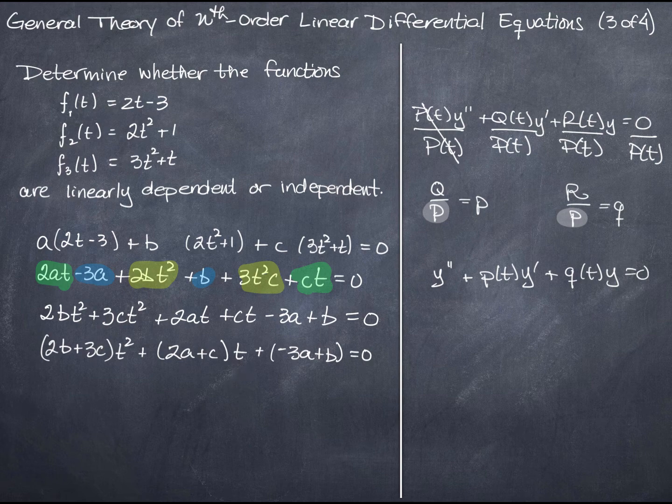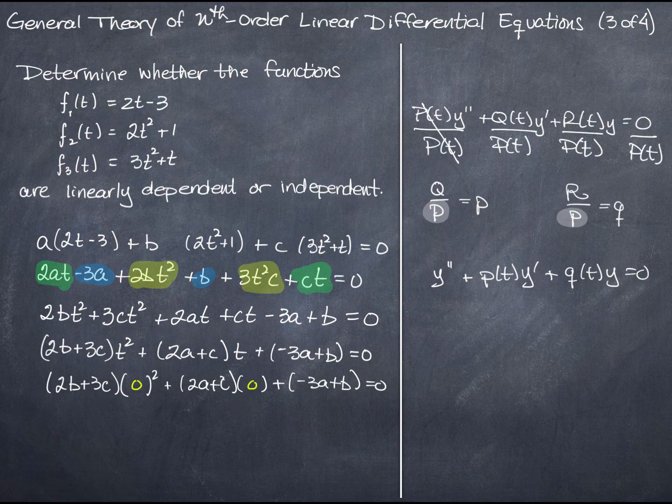Let me rewrite this as 2B plus 3C times, oops, I forgot my C there, times something squared plus 2A plus C times something plus negative 3A plus B equals 0. And for my first one, I'm just going to let t equal 0, because it's convenient.